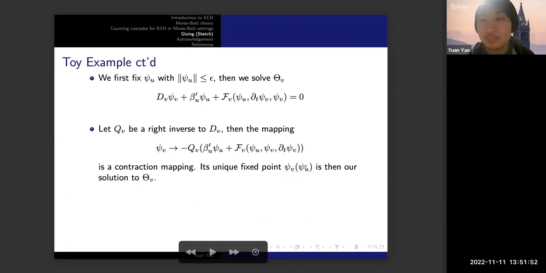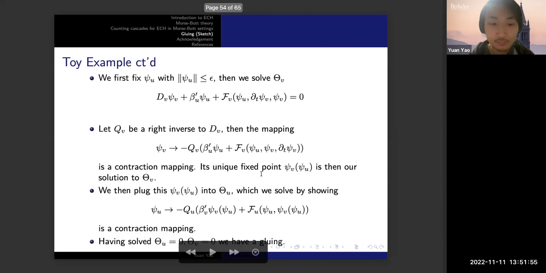So now, by solving theta v, I've written psi of v as a function of psi of u. I'm now going to feed this back into theta u. Theta v is telling us that for any psi of u, I can find a psi of v that depends on u that solves this equation. Now I'm going to feed this into theta u, and by taking some derivatives, I can show that psi of v depends in a nice way on psi of u, because all the derivatives are well behaved.